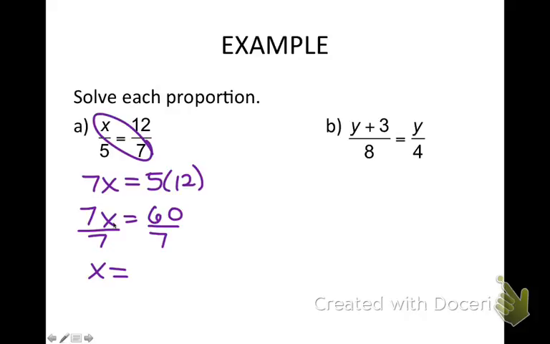No. If I were to type 60 divided by 7 into my calculator, because you're going to want to do that, what I end up getting is 8.57142857.1. I do not want you to round if you get a decimal that does not terminate. When I say that, do you guys know what I mean? So a terminating decimal would be something like 2.5.